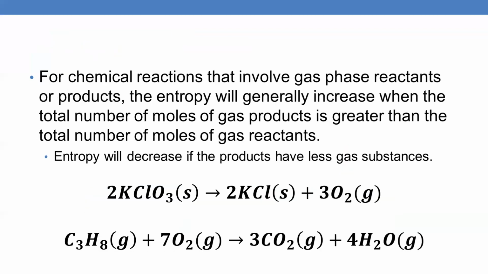For chemical reactions, anytime you have gaseous reactants, the entropy will generally increase. It has to do with the moles of reactant gas versus moles of product gas. I have two examples, one where we only have one gas present as a reactant or product, and one where we have all gases present. For the top one, solid potassium chlorate is decomposing into potassium chloride and oxygen gas.